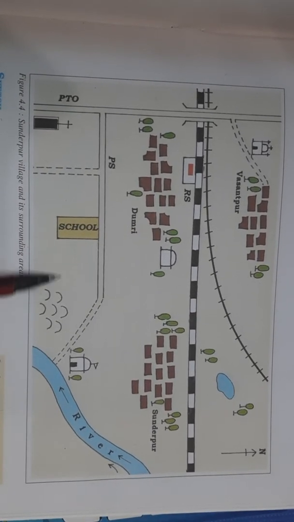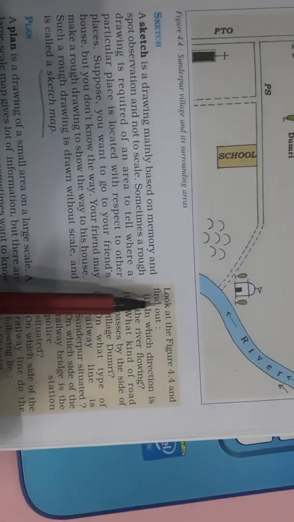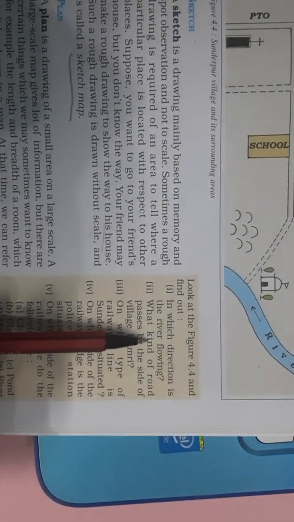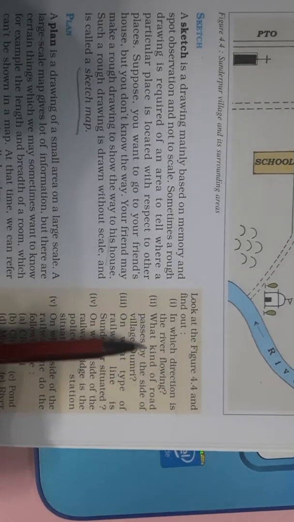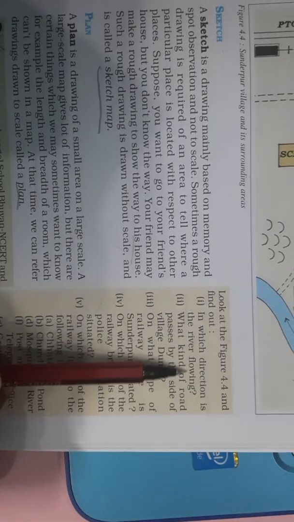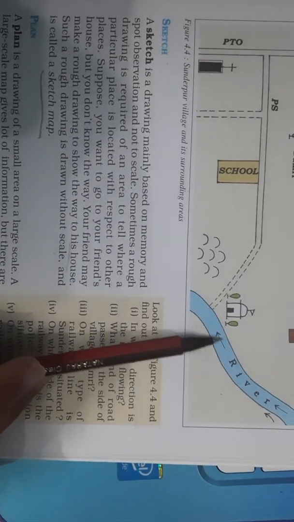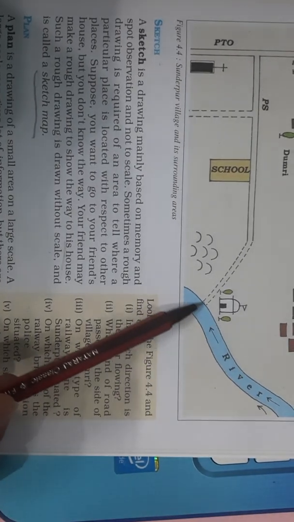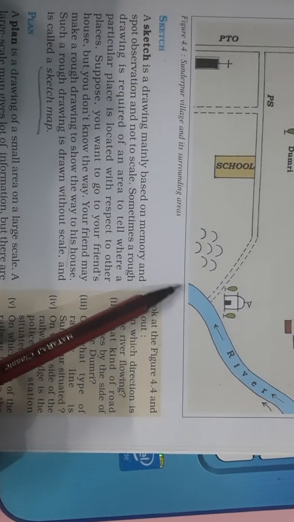This is the river and all these things are there. So according to those places situated on the plan, on the map, you have these questions. So for example, in which direction is the river flowing? So by arrow they have shown the flow of the river, so you have to tell which direction it is flowing to.